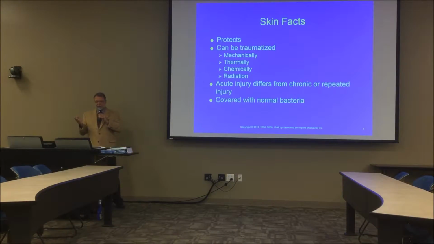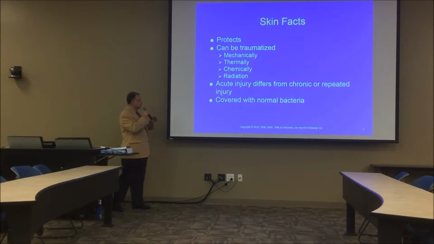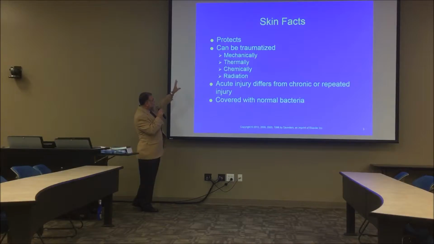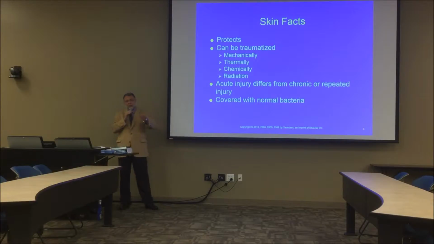Some skin facts: it protects, and it can be traumatized. The important thing is that once it's traumatized, typically it will form new skin, and the type of cells will most likely be a normal type of skin.